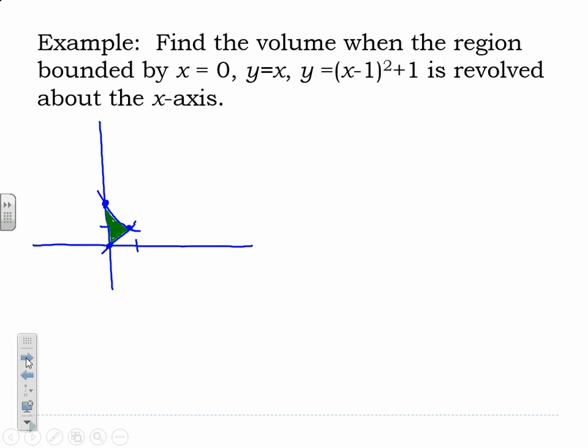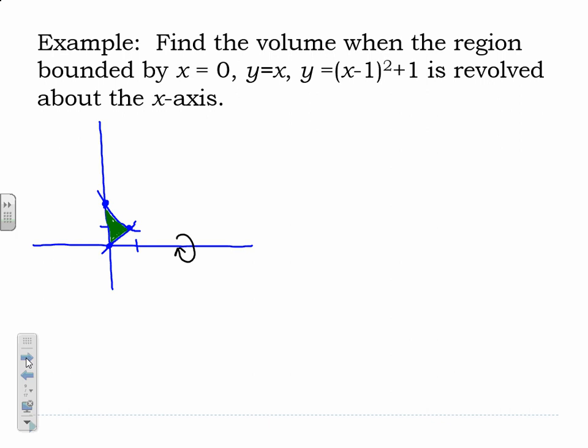It's in the way. Now we are rotating about the x-axis. So I need you to draw me a circular arrow indicating that you are rotating about the x-axis. Then I need you to draw a rectangle.